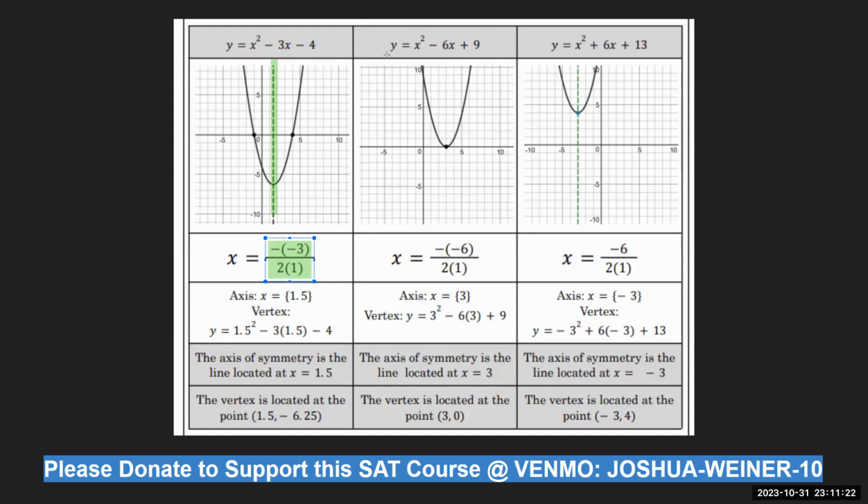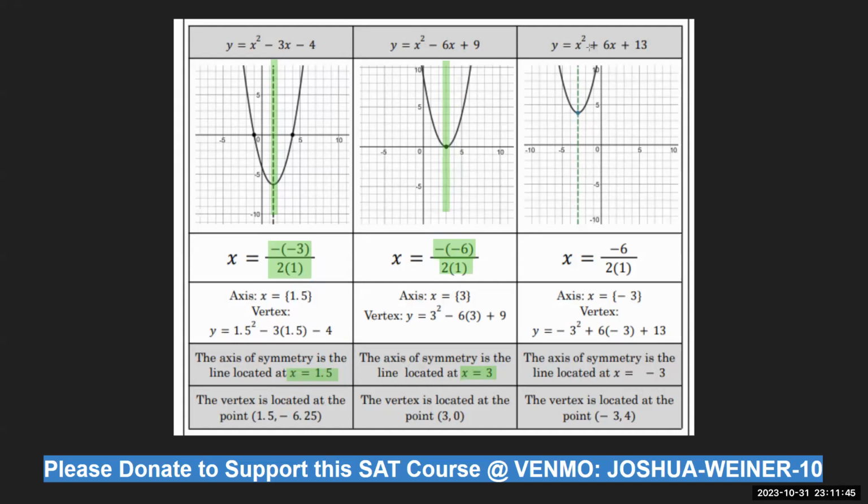For this formula, y equals x squared minus 6x plus 9, we have negative negative 6 over 2, which is 6 divided by 2, which is 3. So the ratio shows that the center line will be at x equals 3, which I'm highlighting here in green.